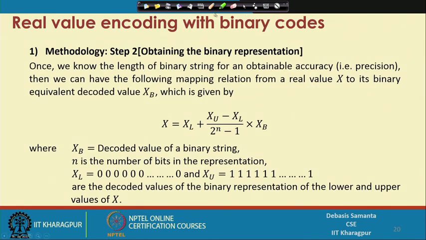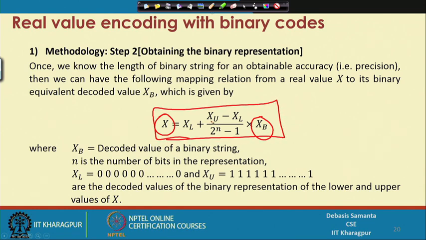This is the formula that can be used to understand, if xp is the current value, how x, the binary representation, will be. This is the standard formula followed here, and n is the number of bits.